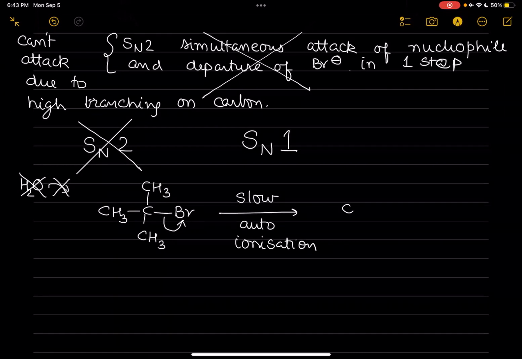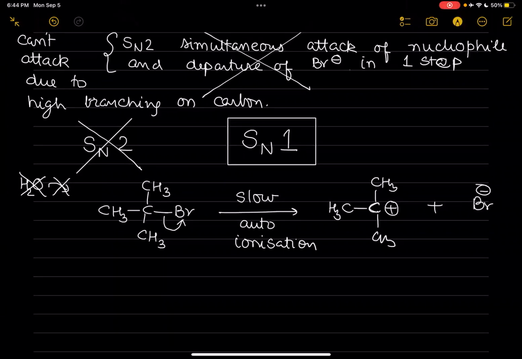It slowly breaks apart, right? Yes. And if it breaks apart, the Br will take away the electron pair because Br is electronegative, it is a non-metal, and non-metals have a tendency to pull electrons. Anushka, and there is a carbocation left. Is it clear?